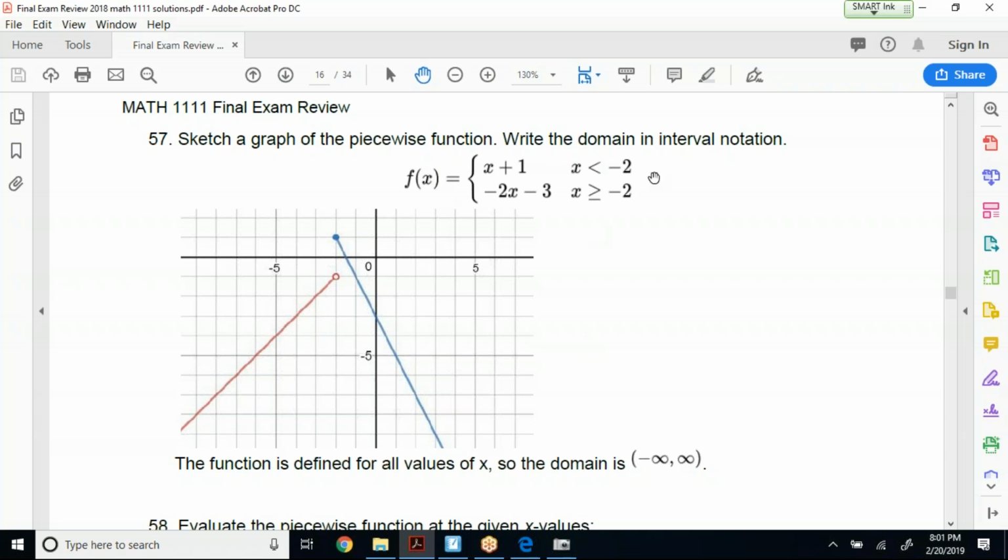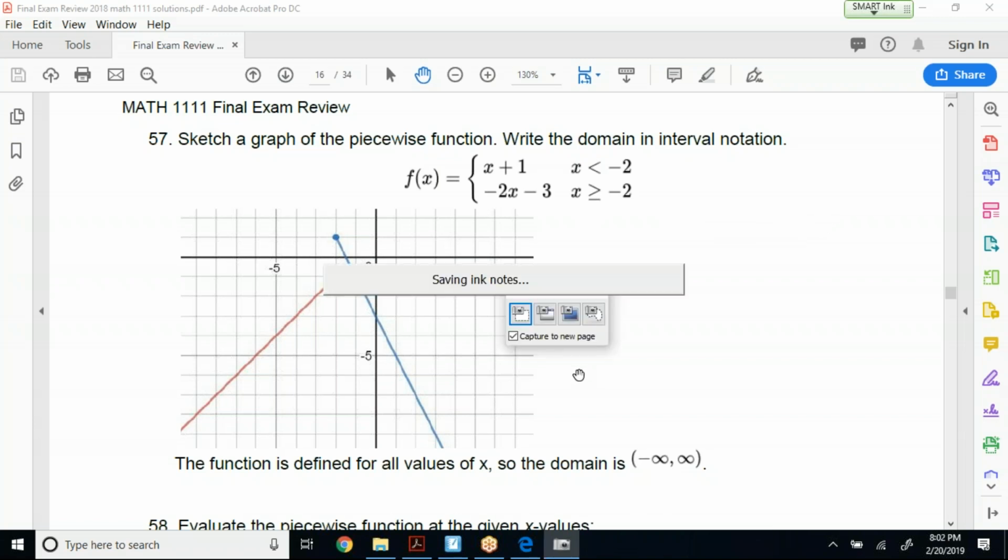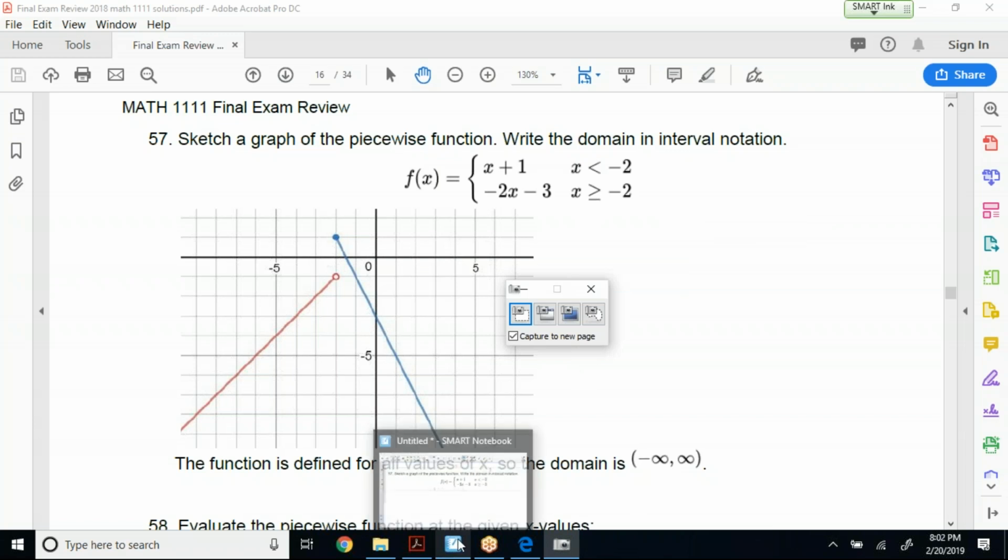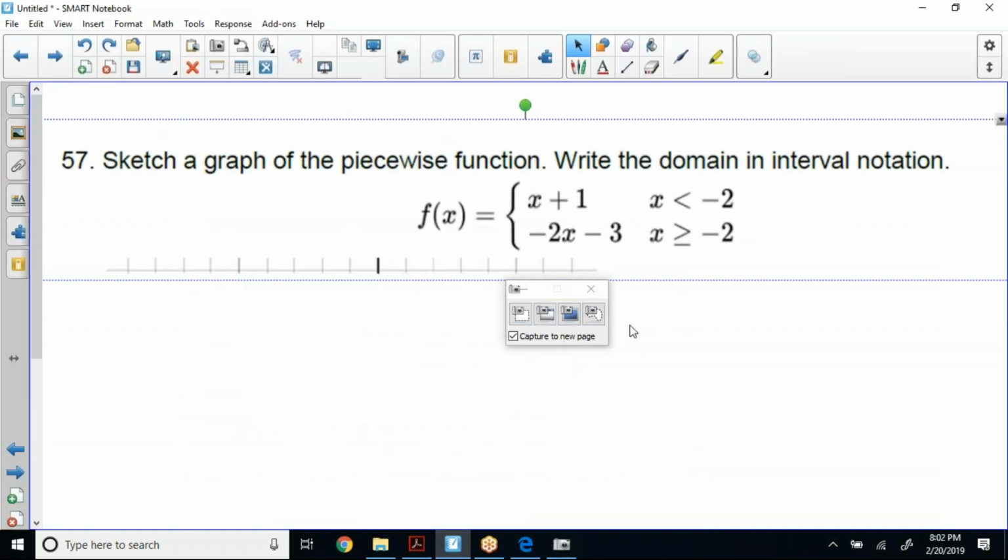So let's talk about where you would see things roughly, and I can show you what I call Etch-a-Sketch, okay? And this is what I mean by that. It said sketch it and then write the domain.